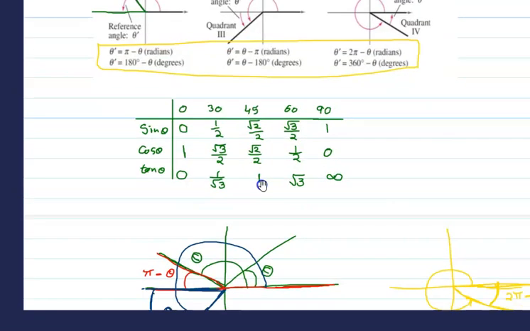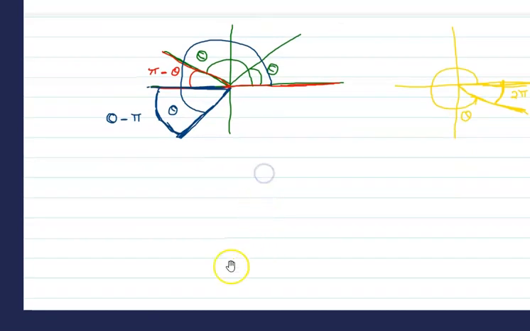Now let us work on an example and understand how we can find the value of a larger angle without using a calculator. Let's find the value of sine 1200. So how to find the value of this trigonometric function at 1200 without using a calculator?